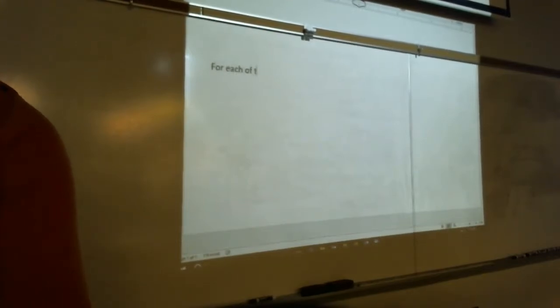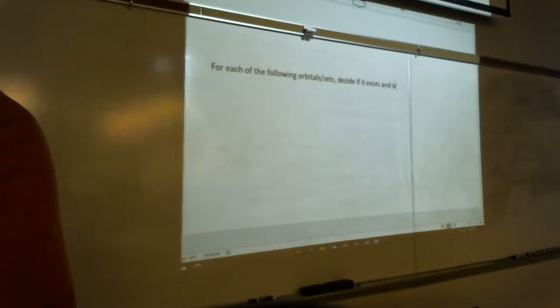For each of the following orbitals or sets, decide if it exists and sketch. If it's forbidden, explain why.